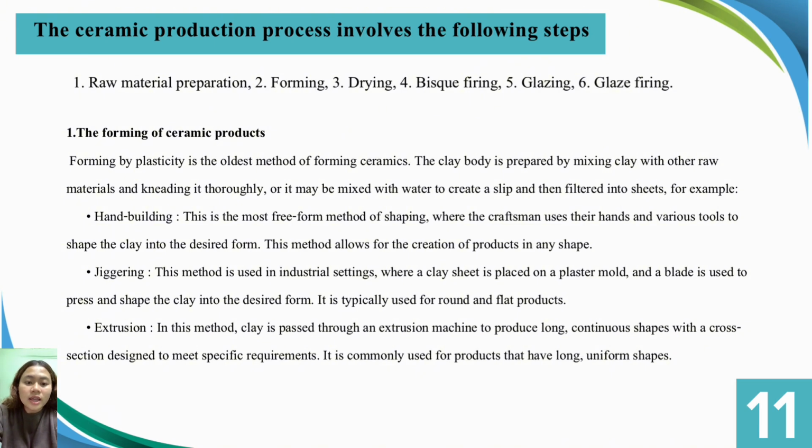In this method, clay is passed through an extrusion machine to produce long continuous shapes with a cross section designed to meet specific requirements. It is commonly used for products that have long uniform shapes.